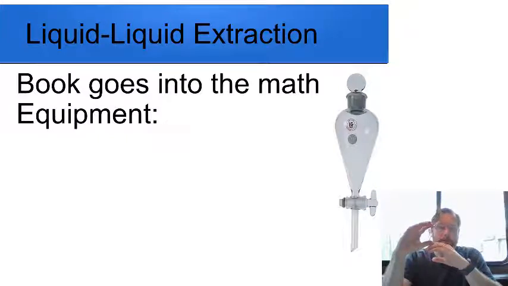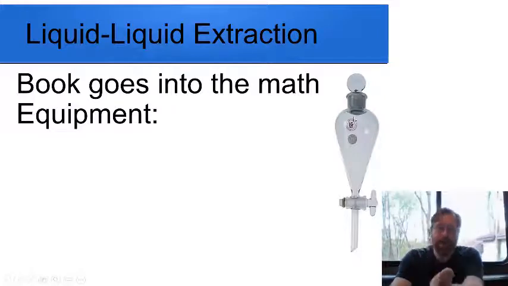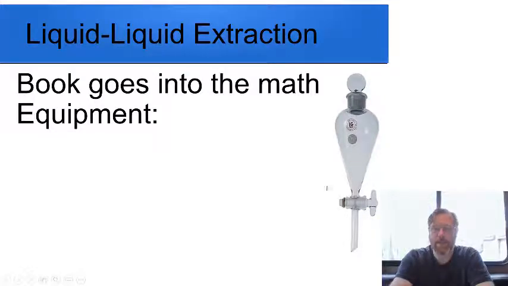So you stick them in a separatory funnel like this. You close off the little valve at the bottom. You've got your sample in. You add the immiscible liquid that one component, not the other, is highly soluble in. Shake it up really well.